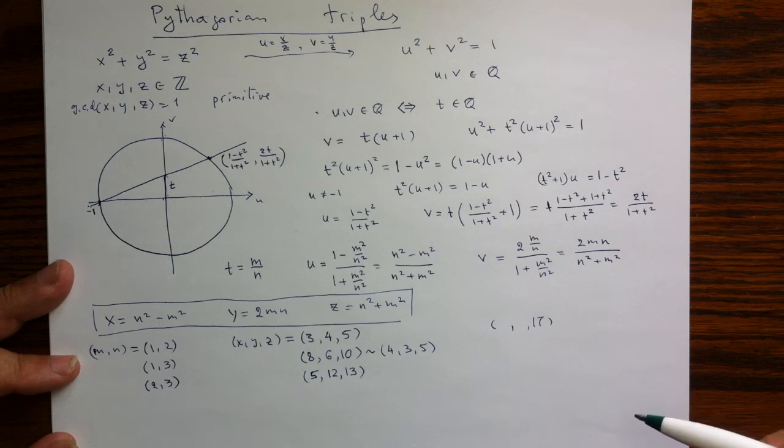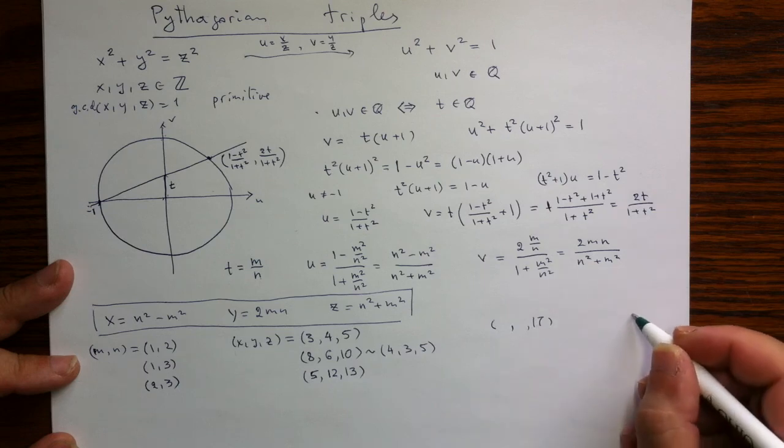And yes, there are, because 17, we can take it as the z coordinate, is possible to write as a sum of squares. And that is crucial now, because up to scaling we have to be able to write our last coordinate as a sum of squares, and that is only possible for prime numbers which are of the form 1 plus a multiple of 4. So 17 is one of those.